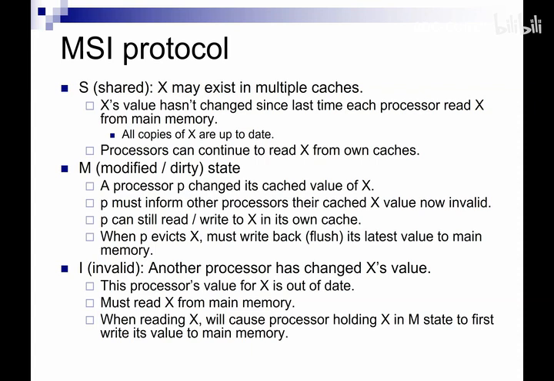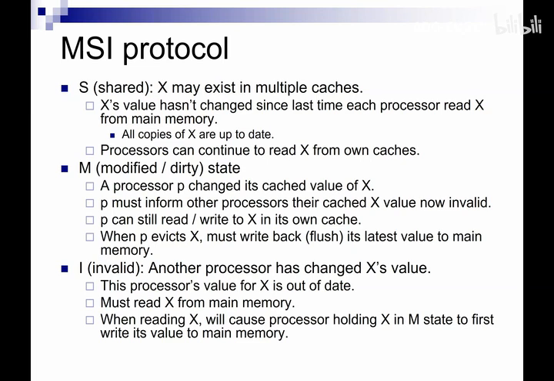So when this processor wants to read X, it will cause whichever processor has the current value of X to write the current value of X back to memory, and then this processor can read this new value from memory.